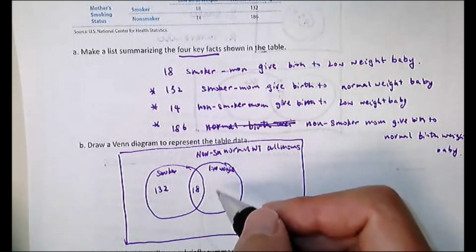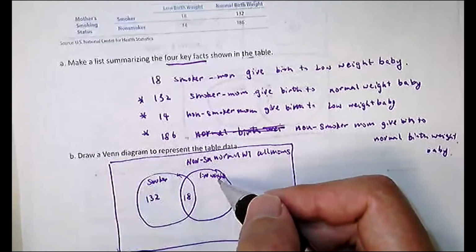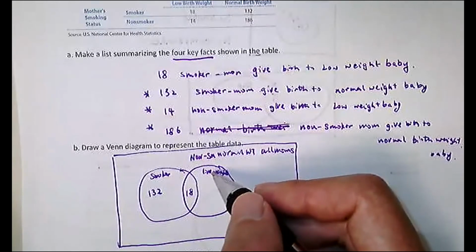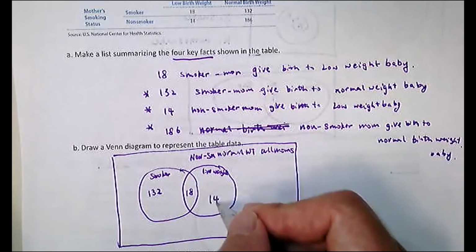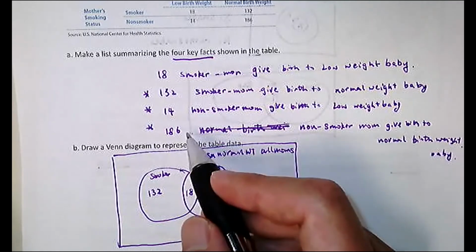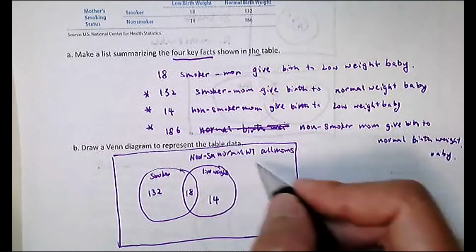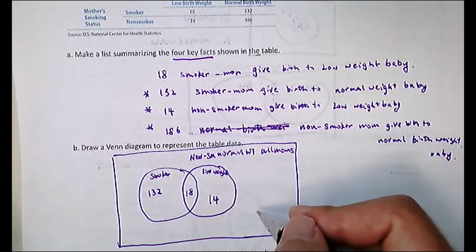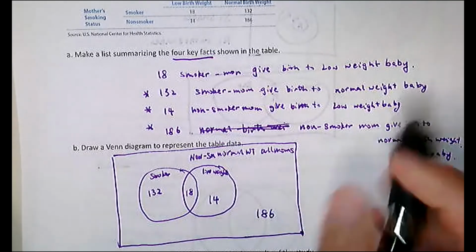This part means non-smoker because it's outside the smoker circle, but it also represents those moms who give birth to low weight. So we have 14 here. 186, non-smoker, normal weight. So it's outside of those 2 circles. It should be right down here.